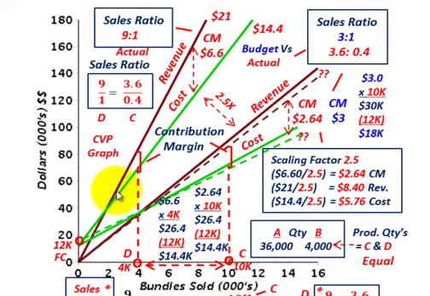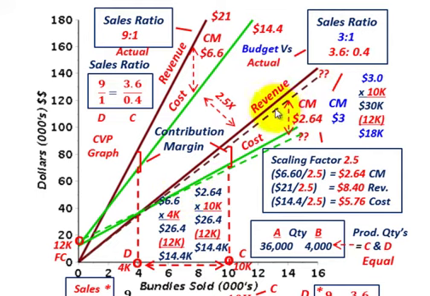Okay, so the only difference between our 9-to-1 ratio and our sales ratio of 3-to-1 is really the steepness of the lines. What we're really going to be looking at is the 3.6 to 0.4 ratio, and I'm showing that in the dashed lines.